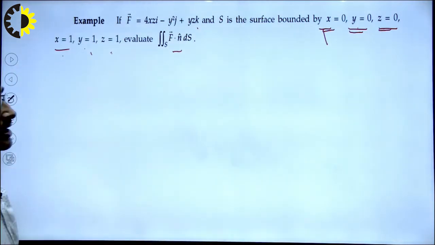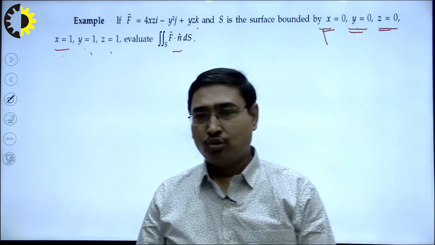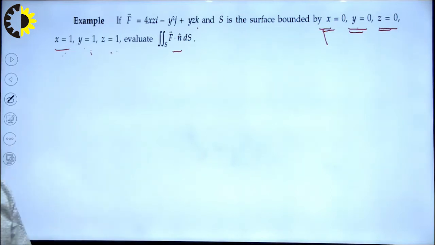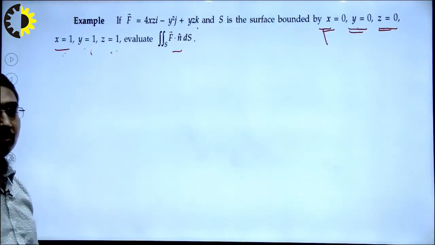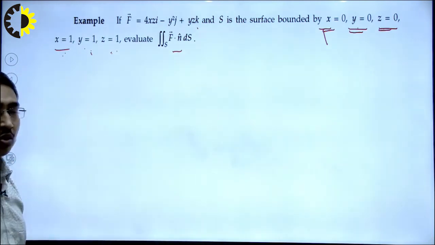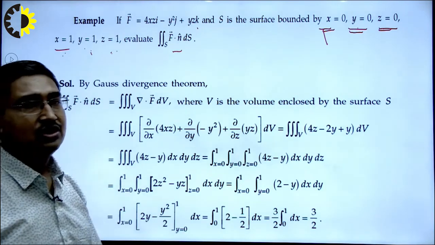Thus there are 6 planes. 6 planes constitute a cuboid, and here because x, y and z limits are equal, the length, breadth and height of the cuboid are equal, and therefore it will be a cube. Cube means a closed surface, and therefore there is no problem in applying the divergence theorem.